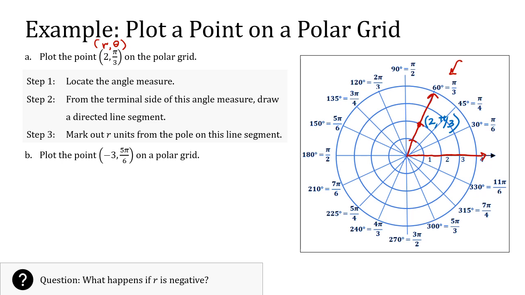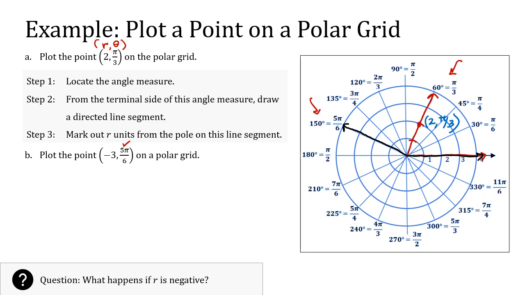We're going to start out with the first step. Step 1, we know, is to locate the angle measure. So 5 pi over 6, where's 5 pi over 6? It is over here in the second quadrant. Step 2, from the terminal side of this angle measure, we're going to draw a directed line segment. Again, we started on our polar axis, and the terminal side of 5 pi over 6, we're calling that a directed line segment.